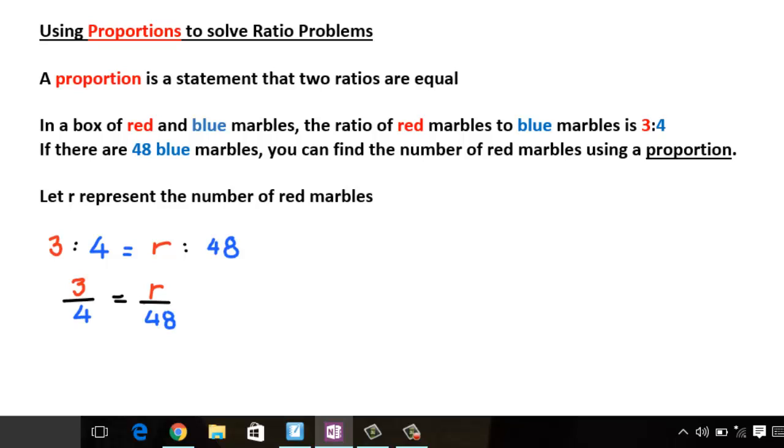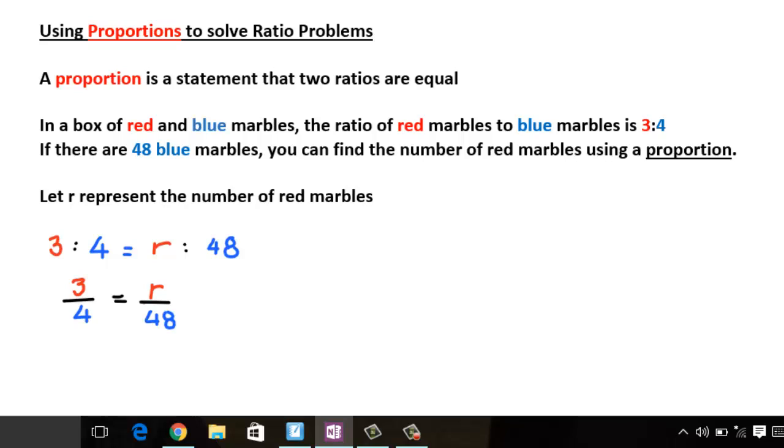But how to solve this problem? I need to find the R here, so I need to isolate this R. To isolate this R, I need to multiply this fraction by 48, so I can simplify 48 with 48 to get R by itself.